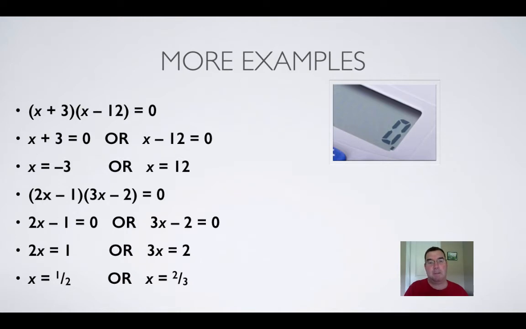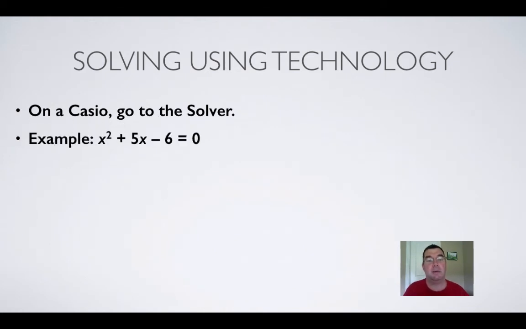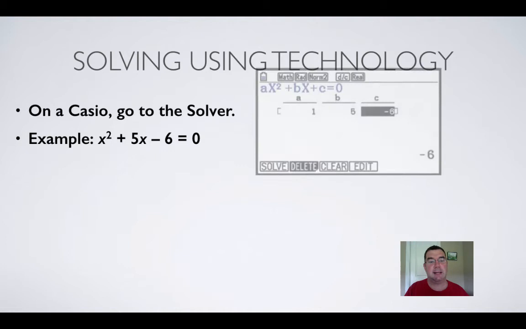All right, and the last thing I want to talk about, actually the second to last, is solving using technology. So you have a calculator, Casio, and you can go to the solver function on the main menu. You have x squared plus 5x minus 6, and you want to know what x's I can plug into that so that the left side does equal 0, which is on the right side.